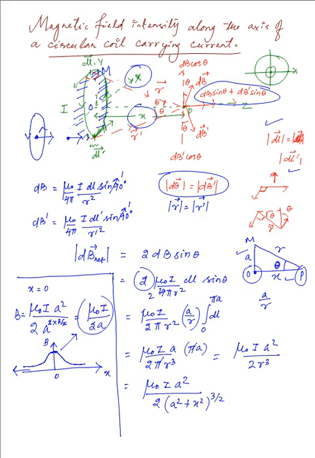So that's for later. In fact, I have done that in my magnetism part. You can check for yourself, but we'll be redoing that once again in this chapter. So this shows the magnetic field intensity that is associated with a circular coil along its axis.